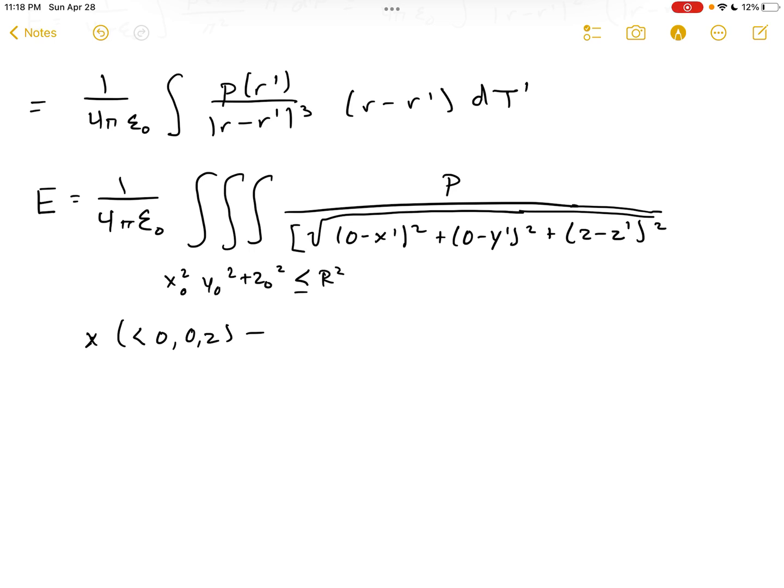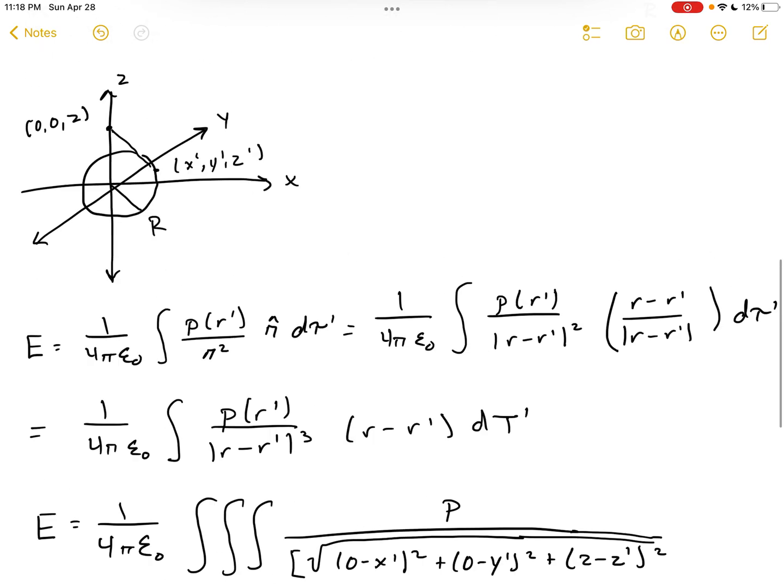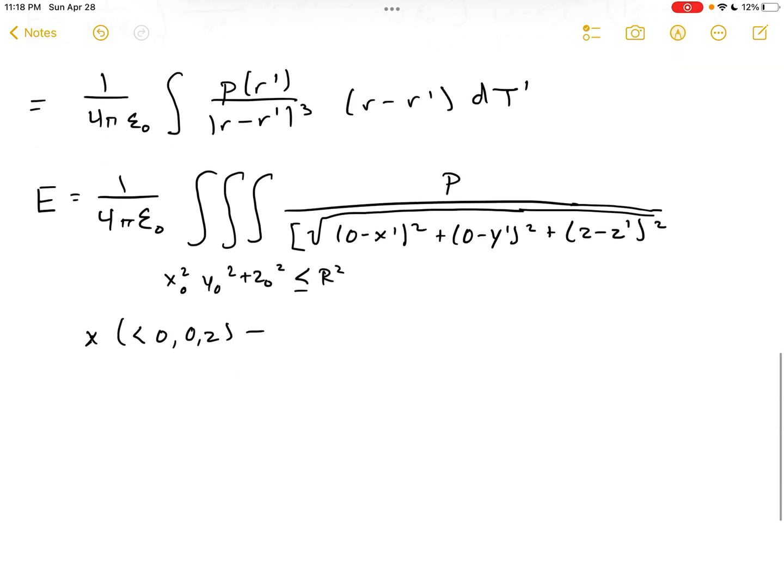These are the two vectors that we had, the distance between this vector here and this vector here. So it'll be x, y, z, dV.